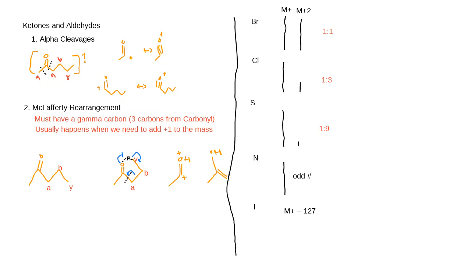Obviously, the more problems you do, the better you'll get at it. Mass spec, I would say, is the least important of the three. NMR is the most important, and then IR, but that's just my own personal opinion. Each semester it changes based on the amount of questions they put for each spectroscopy method.